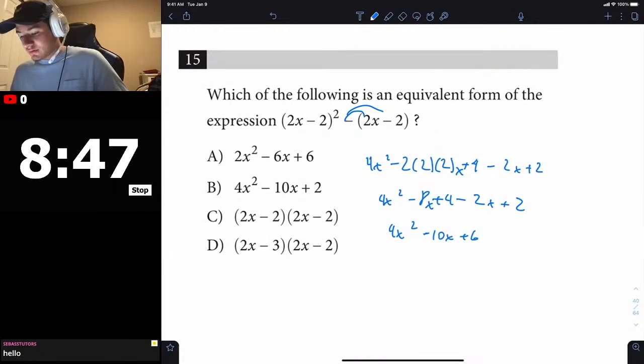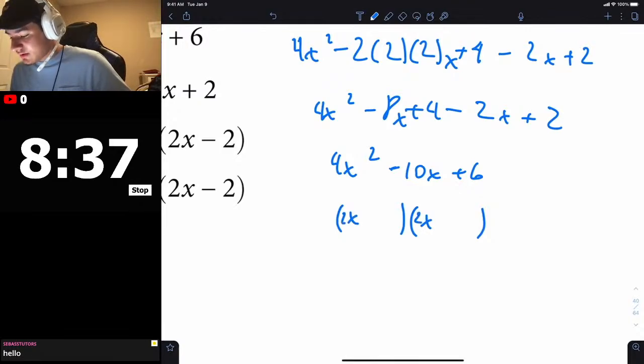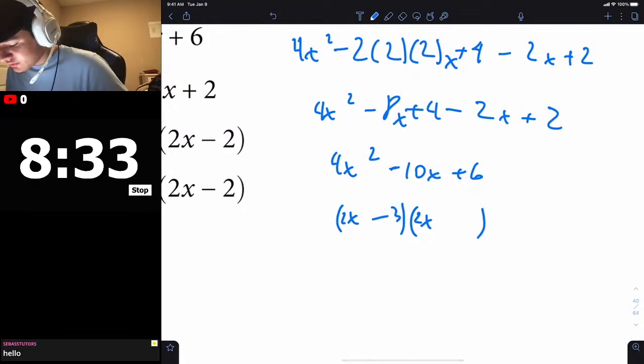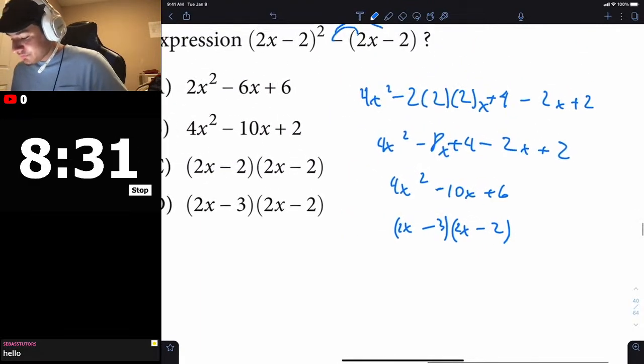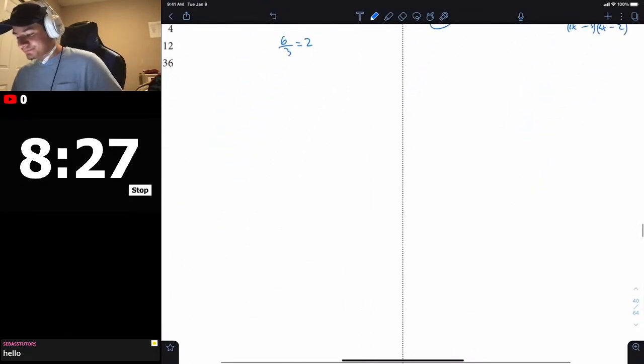So then I get 4x squared minus 10x plus 6, and if I factor this out, I get 2x and 2x, and then it has to multiply to positive 6, which is going to be minus 3 and minus 2. So 2x minus 2 and 2x minus 3, D is our answer.